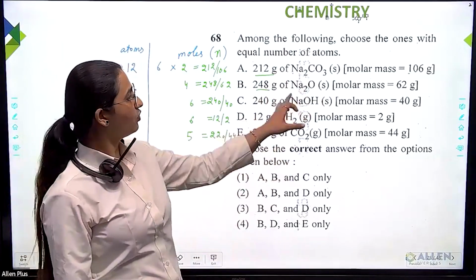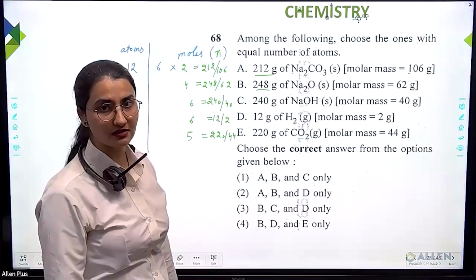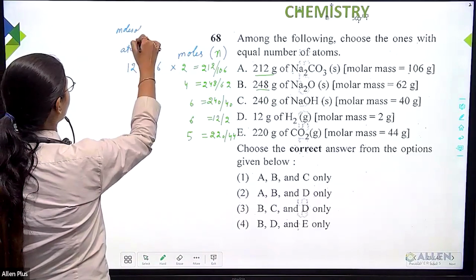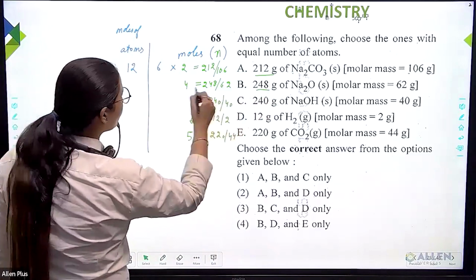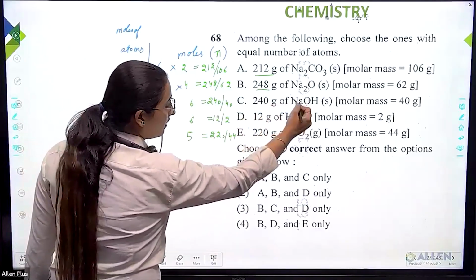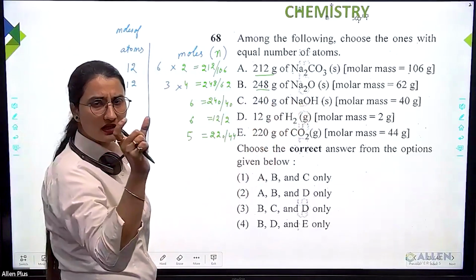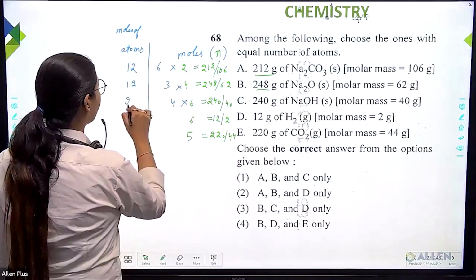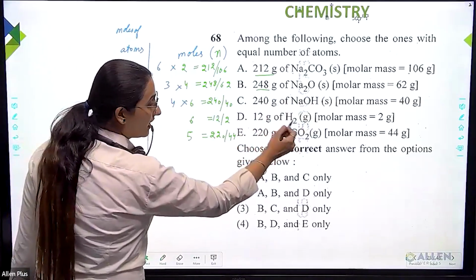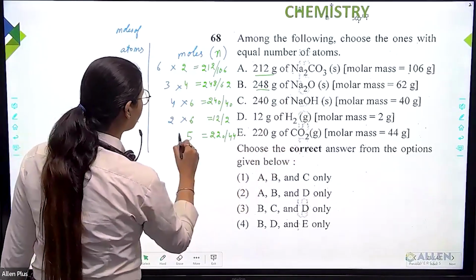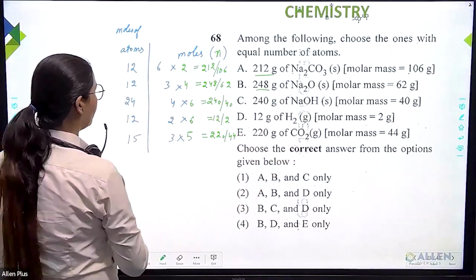Or I can say 1 mole of this will have 3 moles of atoms. Correct? So moles of atoms into 3. 4 threes are again 12. Same number. Next. One molecule or unit has how many? 4 atoms. 6 fours are 24. Different. One has 2, so 6 twos are 12. Next, one has 3. 15.